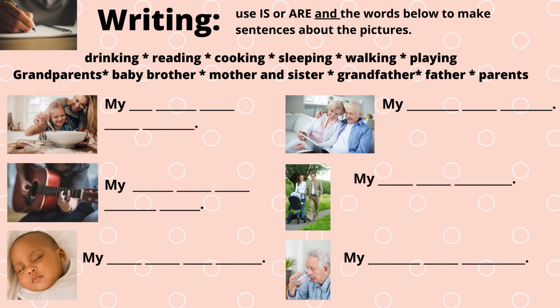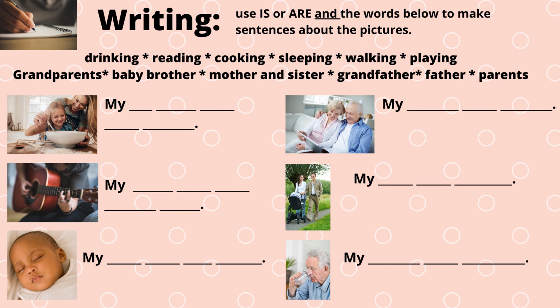You are going to write a complete sentence using either is or are and the correct verb and family word. Let's go ahead and look at the first one and I'll give you an example.